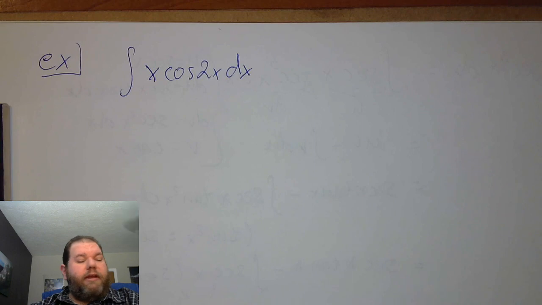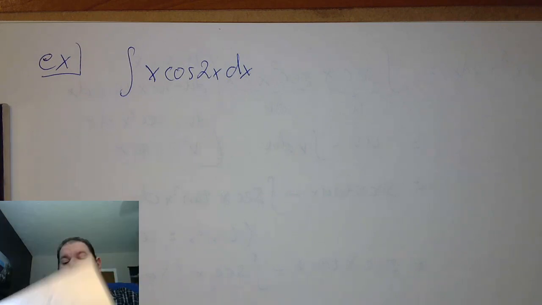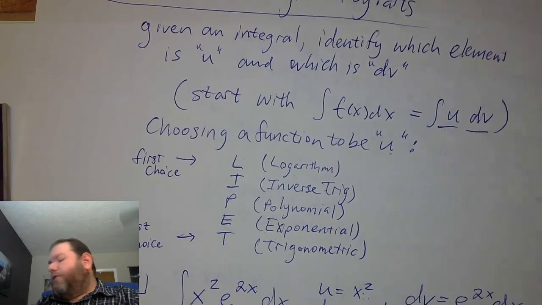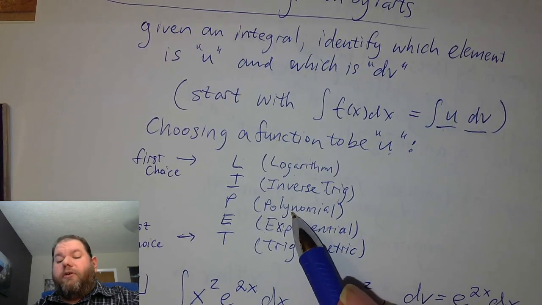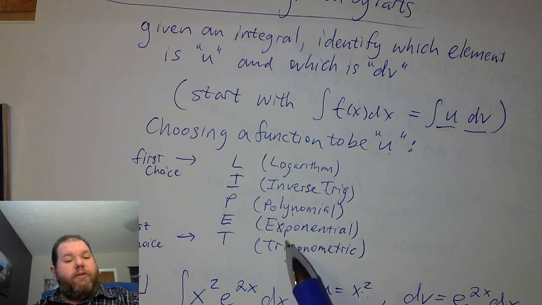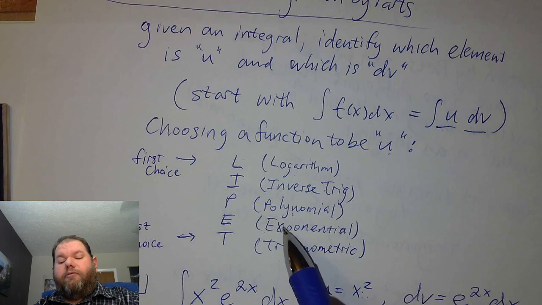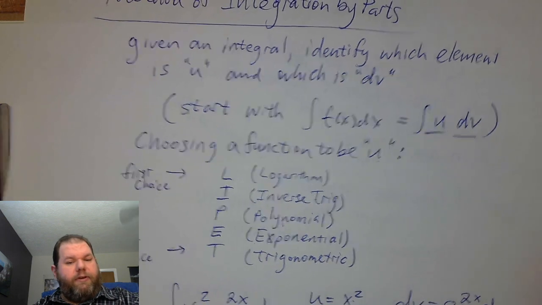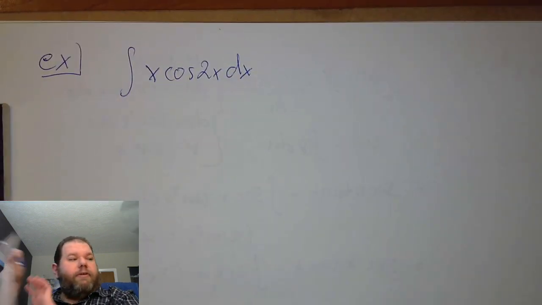Here we have a polynomial x times a trig function cosine of 2x. So again, going back to our hierarchy, we know that our polynomial, we would actually choose to be u before we choose either a trig or an exponential term. So in this case, our polynomial is u, so we'll let u equals x.